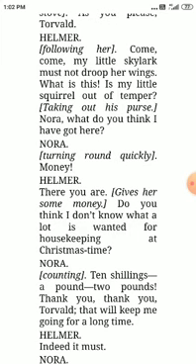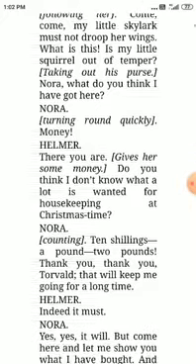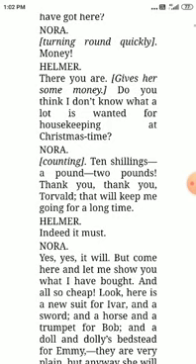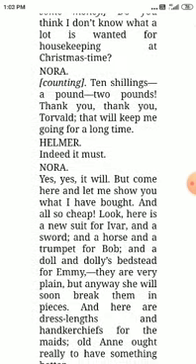Do you think I don't know what a lot is wanted for housekeeping at Christmas time? Nora, counting: 10 shillings, a pound, 2 pounds. Thank you, Torvald. That will keep me going for a long time. Helmer: Indeed it must. Nora: Yes, it will. Come here and let me show you what I have bought.